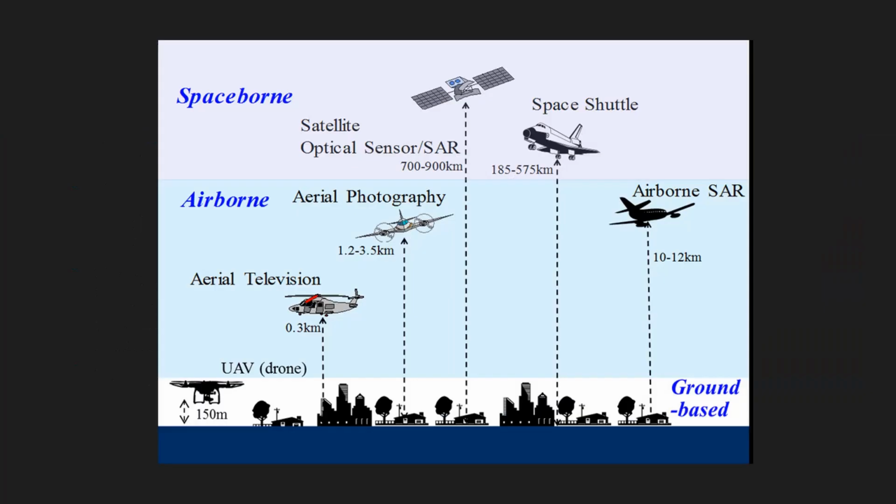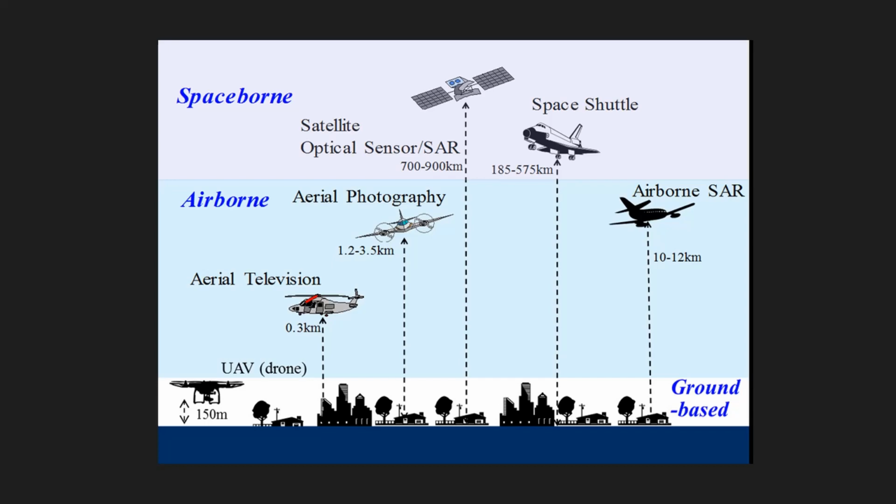This figure shows all the examples categorized under ground-based platforms, airborne platforms, and space-based platforms. Under ground-based platforms, there are tripods, cranes, etc. Under airborne platforms, there are drones, helicopters, aircraft.